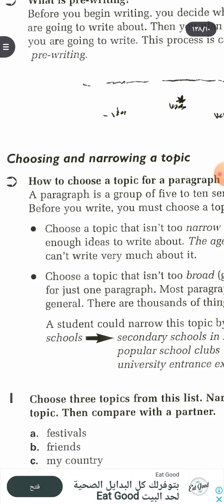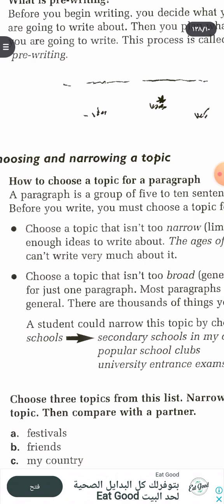So it's a skill that you need to practice. How can I narrow down my topic, and which ideas am I going to write about? The topic is very broad, so you need to narrow it down to write about specific areas of this topic. Choose a topic that isn't too broad.